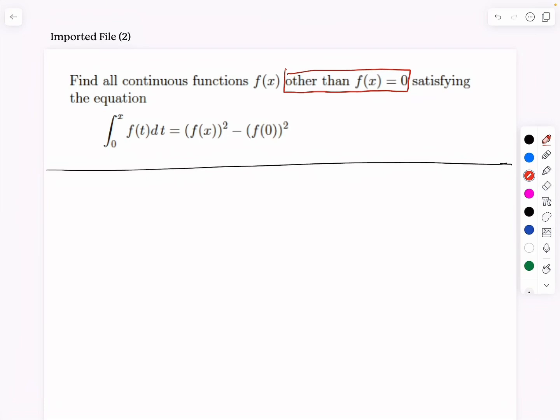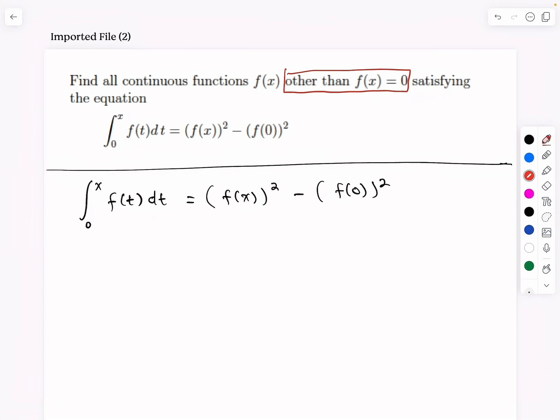So what's the first thing I have to do? Let's rewrite the question. I have the integral from 0 to x of f of t dt equals f of x, squared, minus f of 0, squared.